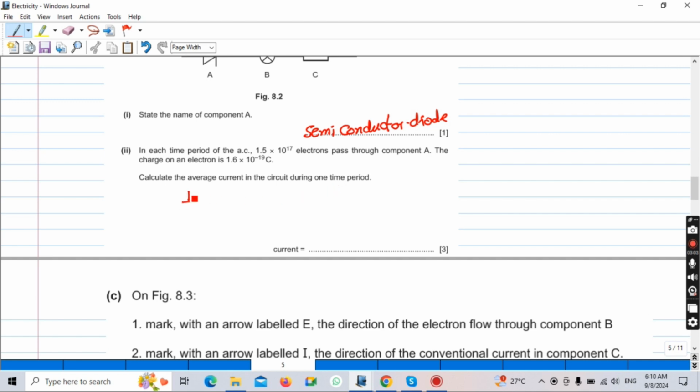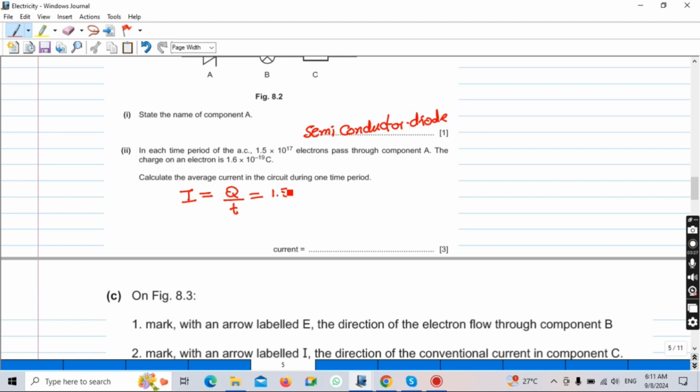So we know that current is equal to the charge passing over time. This is how we define current. So it's the number of coulombs, or how much charge has passed over a specific time. We have got the number of electrons, so the total charge of these electrons is going to be their number multiplied by the charge of each.